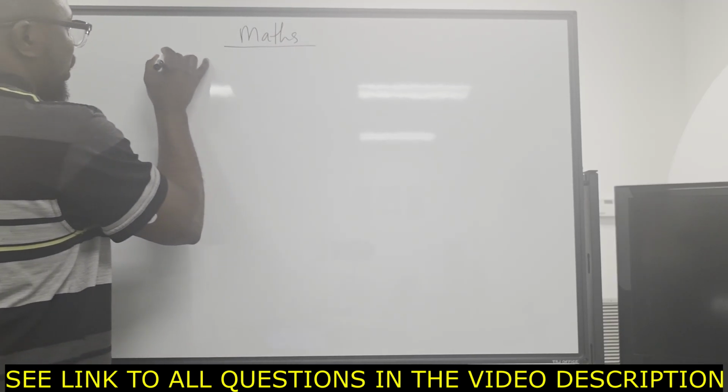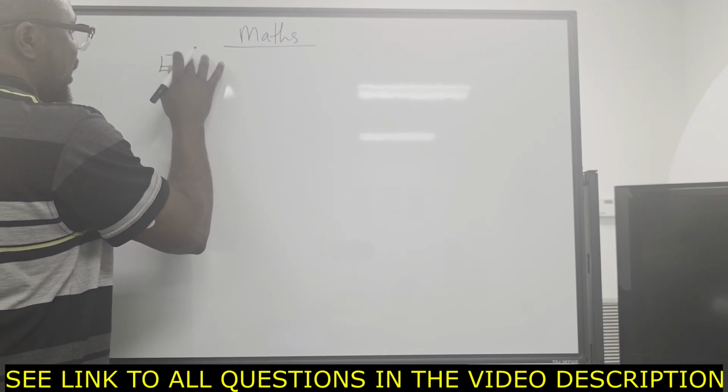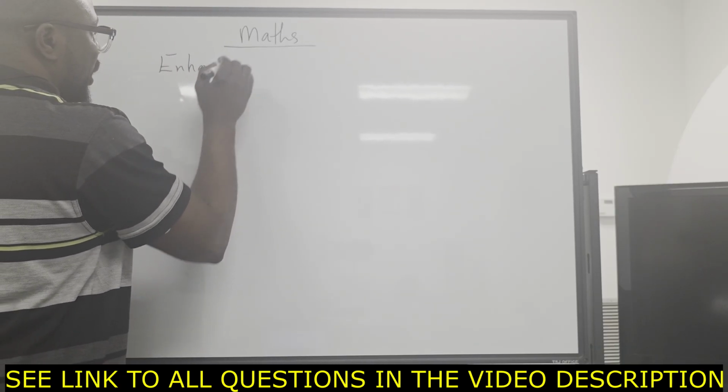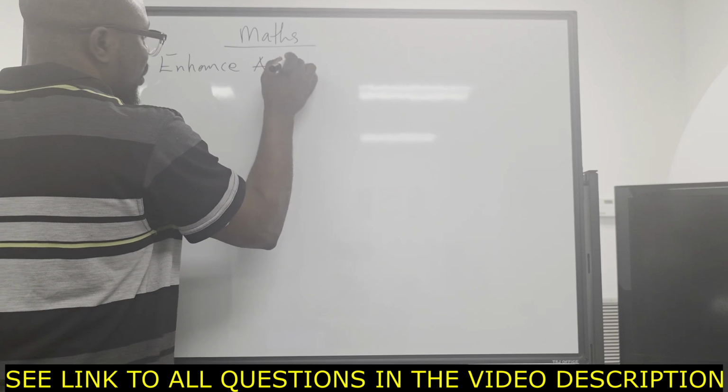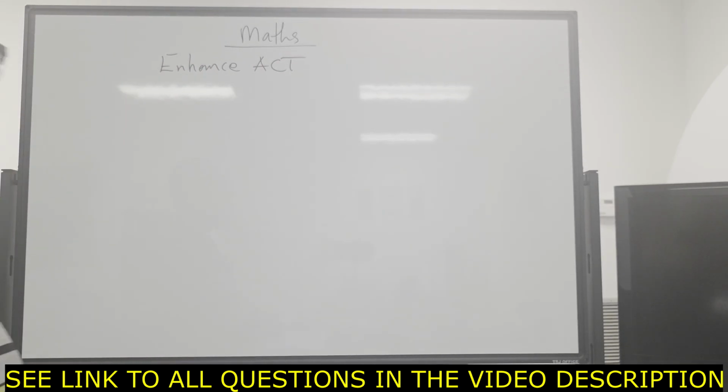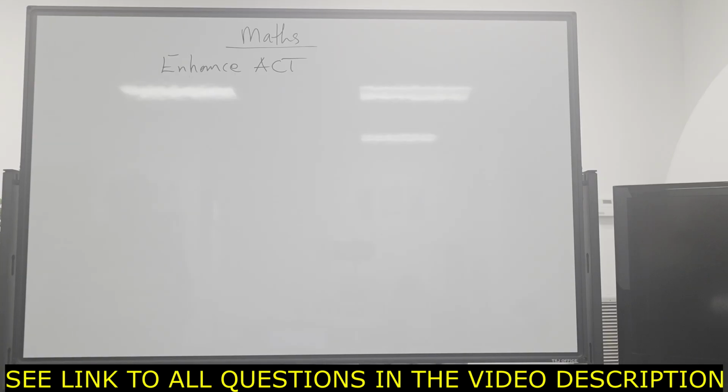The difference between the Enhanced ACT and the legacy one is that the question bank is now shorter. You have 45 questions instead of 60 questions, I believe. And instead of 60 seconds, you now have 67 seconds per question. They've removed science as being mandatory, so now it's actually optional.